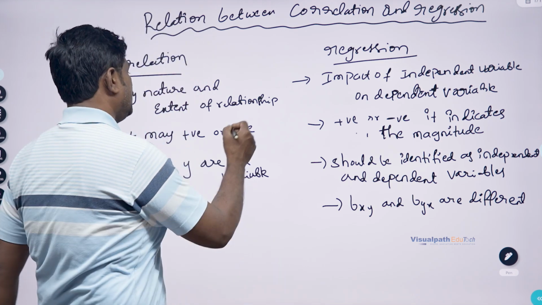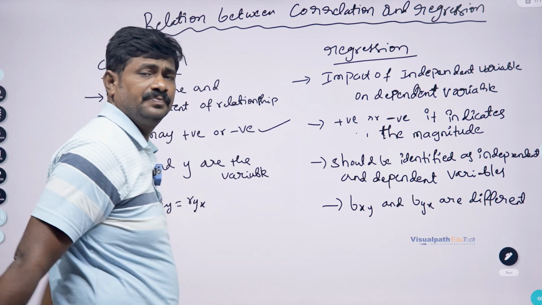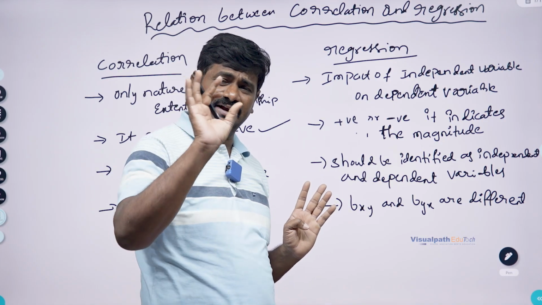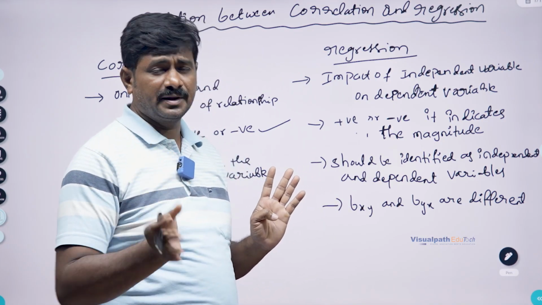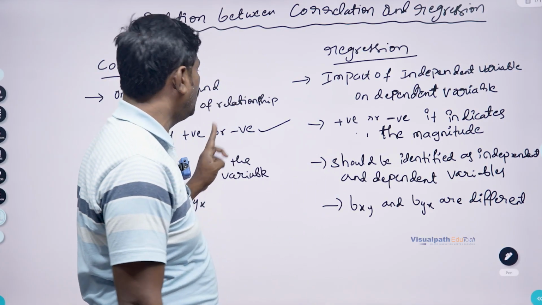Next, the second point: it may be positive or negative. In correlation, finally we will get one coefficient of correlation, plus or minus something, so it may be positive or negative.